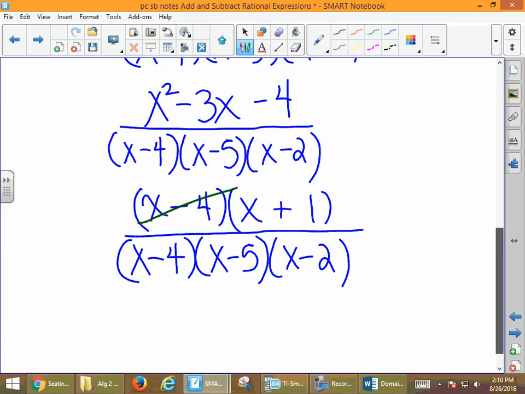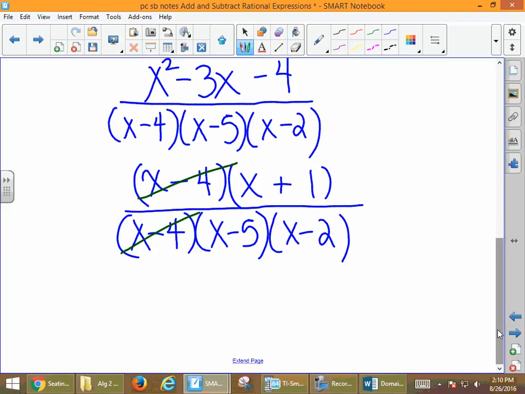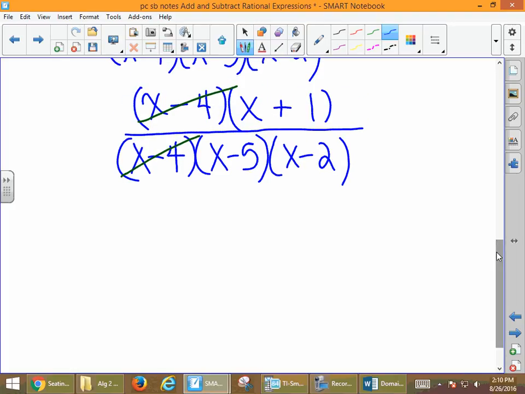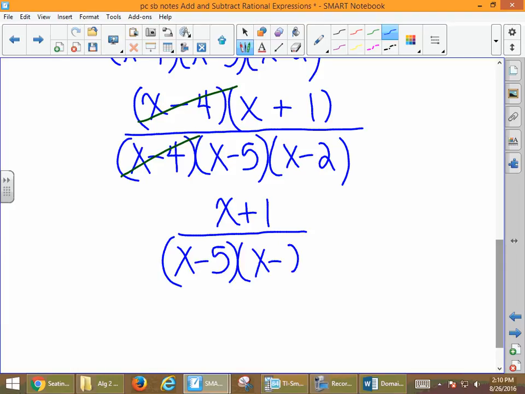We have an x minus 4. X minus 4 divided by x minus 4 is that fancy 1. And then we're left with our final sum of x plus 1 divided by x minus 5 multiplied by x minus 2.